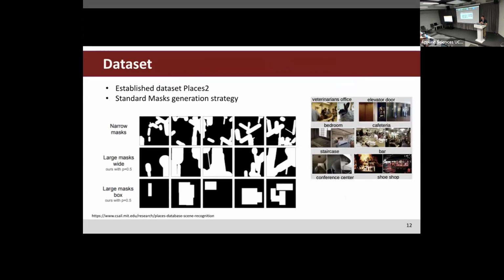For training, we use 256 squared images, and the mask is not more than 50% of the image.